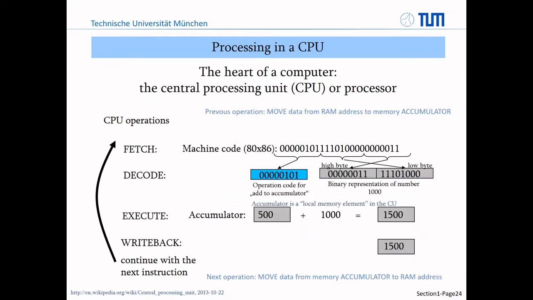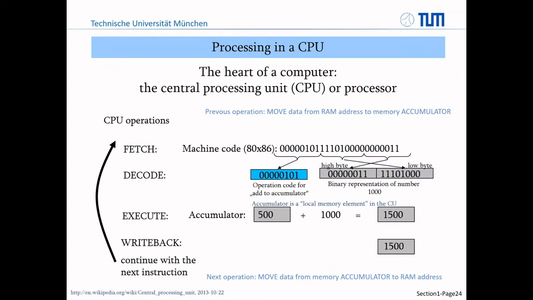So let's have a look into one of these codes. This is the code for the AT86. So it's a machine code, and it's exactly what you heard in the last slides. So you have an operation code. This operation code, for example, defines an addition of a number with a special memory in your CPU called accumulator. And then you have a special number which is arranged in a special way.